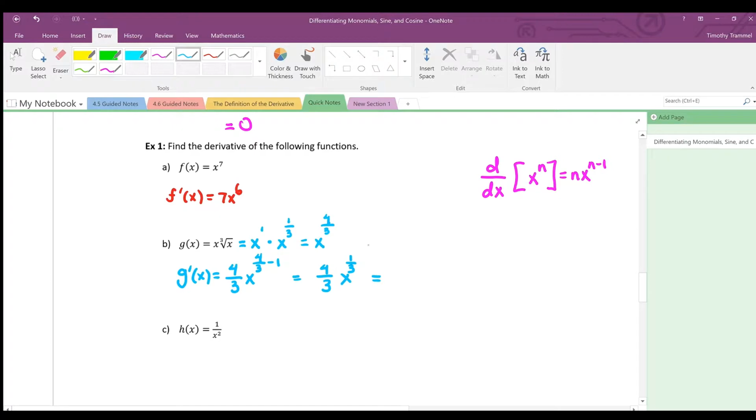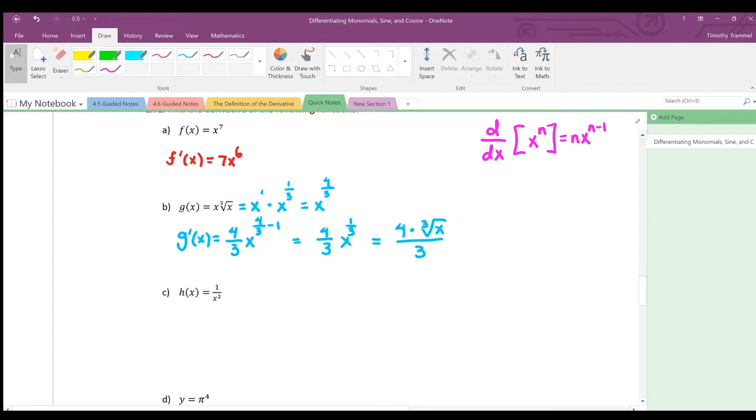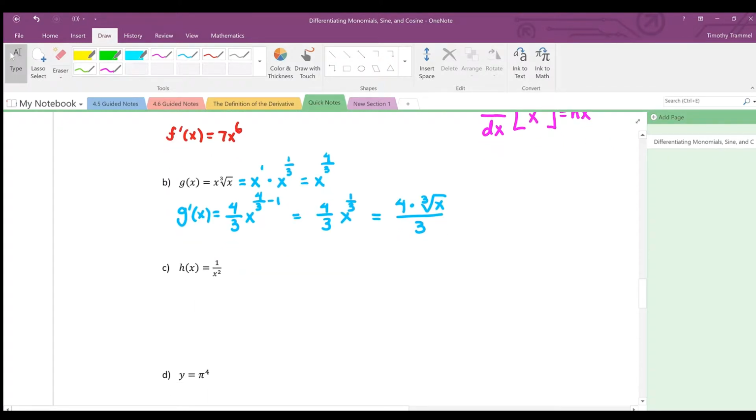Or if we wanted to rewrite this a little bit, we could rewrite this as 4 times the cube root of x all over 3. And the main idea that I was really using in this problem, that maybe you would like a refresher from algebra or pre-calc, is that if you take the nth root of some number x, that's equivalent to x to the 1 over n.